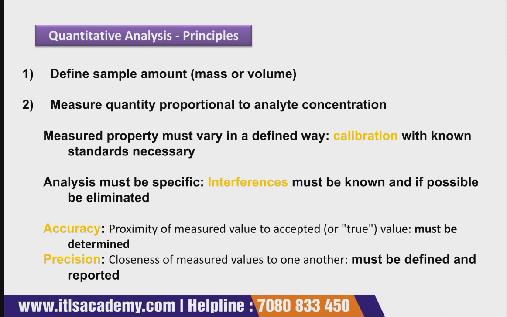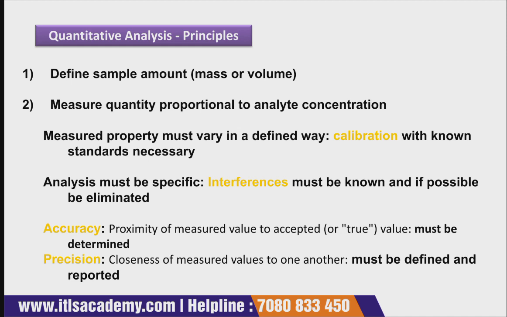Then you have to measure the quantity proportional to the analyte solution concentration. After that, you have to measure the property that must vary in a defined way, that is calibration with a known standard is necessary, and second, the interference must be known and, if possible, eliminated.